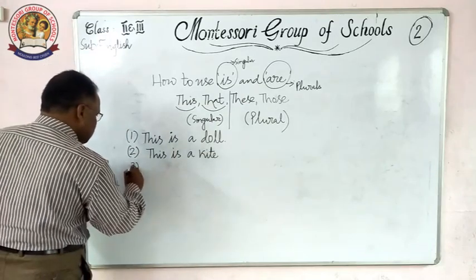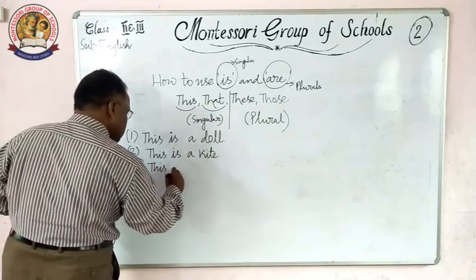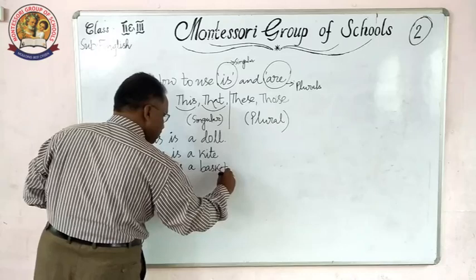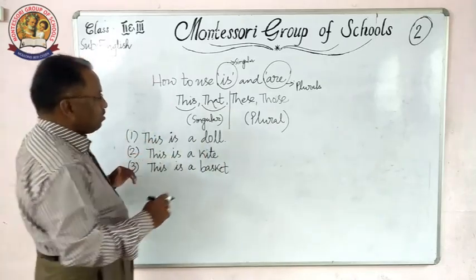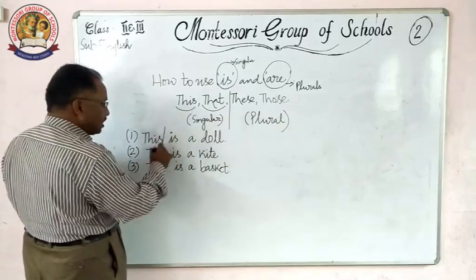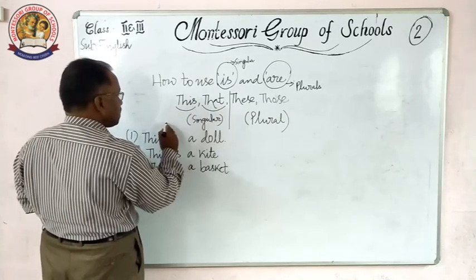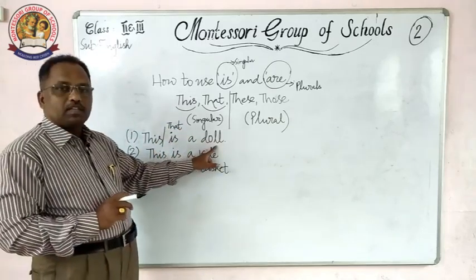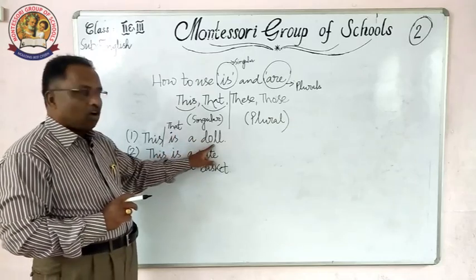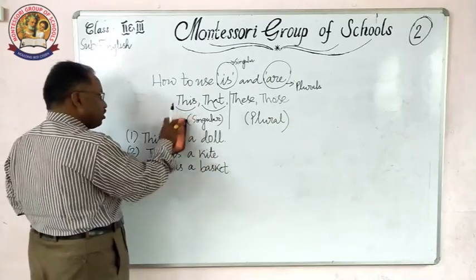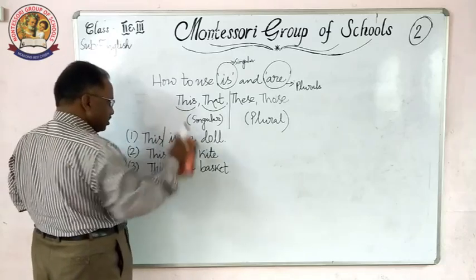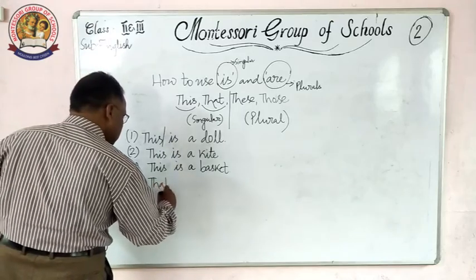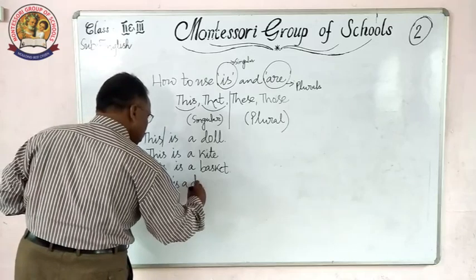Next, let me write. This is a basket. Now, similarly, when you are using the same form, you can use that. Like, that is a doll. Or we can also write number 4, that is a doll.